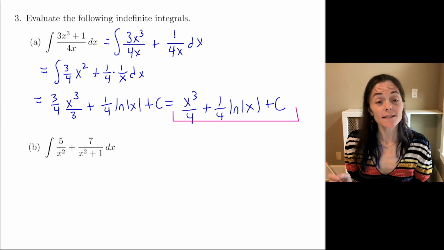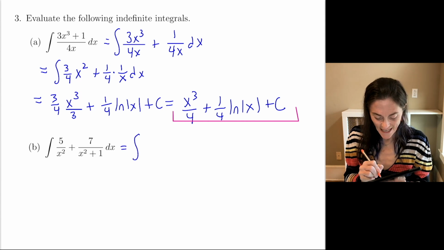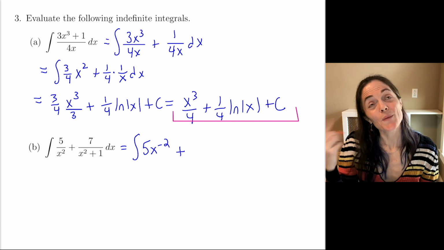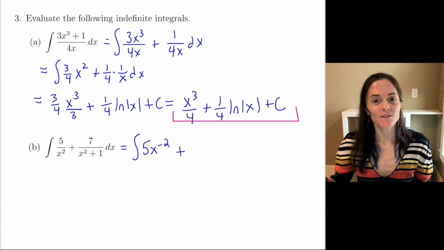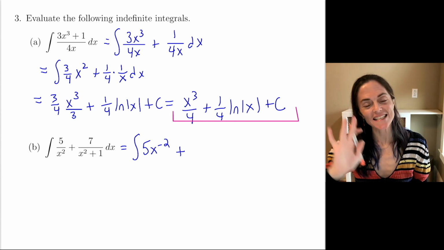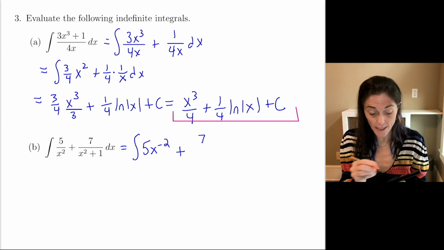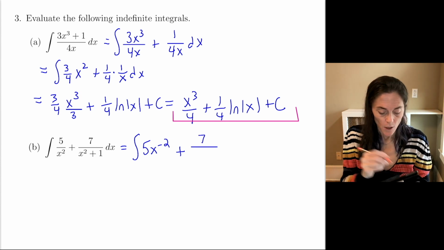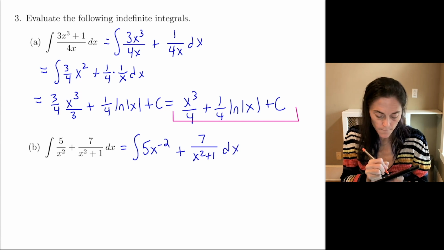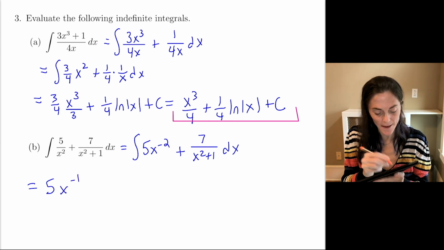Next one. This also is basic rules, but I'm going to take a little step first, rewrite this first term as a power. You remember doing this when we were first doing derivatives. If we wanted to use power rule, step 1, rewrite the expression as coefficient times x to a power, and the same thing applies when we're doing integration using the power rule. Okay, well, the first one, we write down the 5, add a power, divide by the higher power.